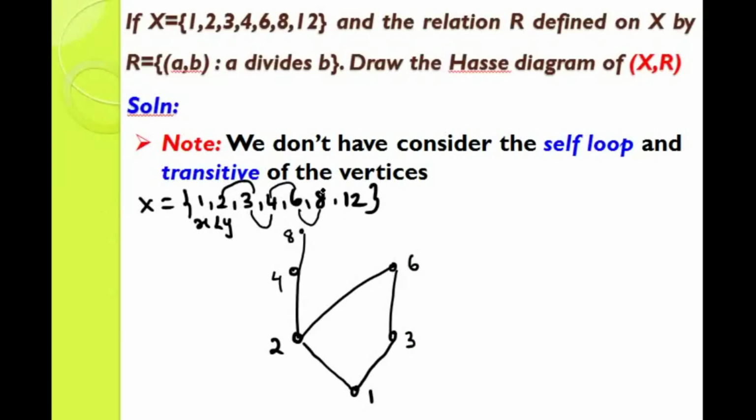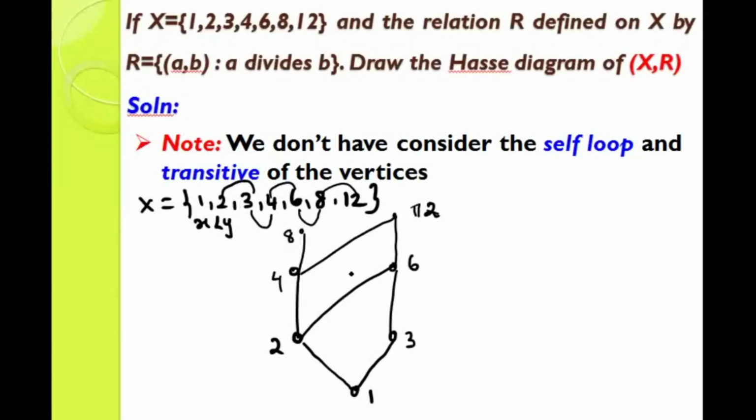Next you consider 8 and 12. So 8 is less than 12, but 8 does not divide 12. So go to the previous one. 6 divides 12, right? So I am going to consider this is 12. Okay, so here 6 divides 12. 4 also divides 12, right?